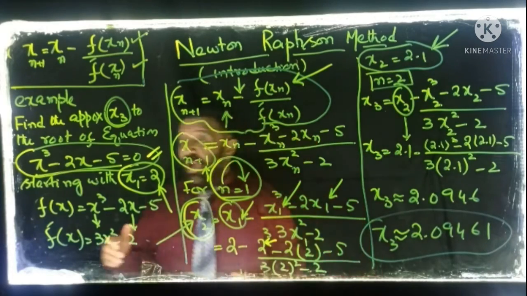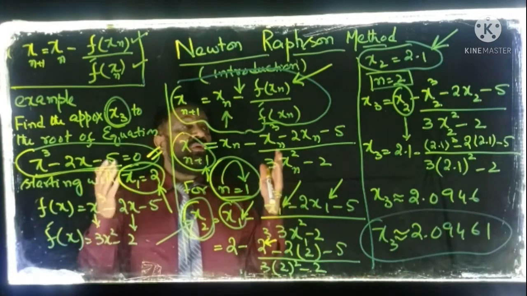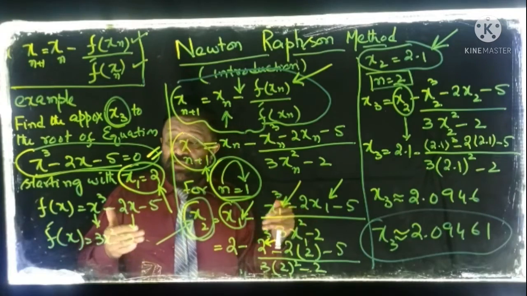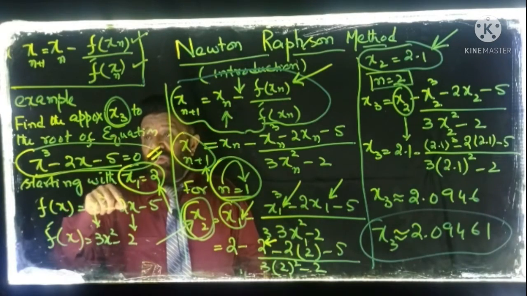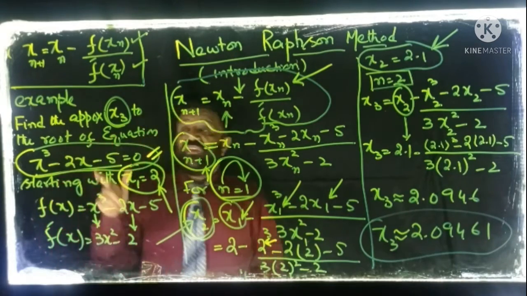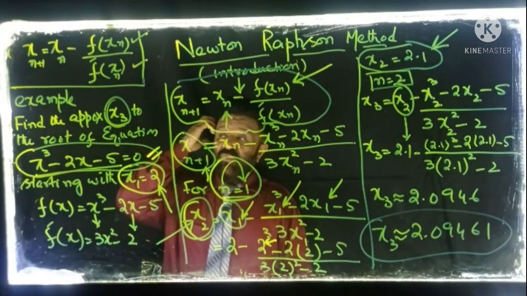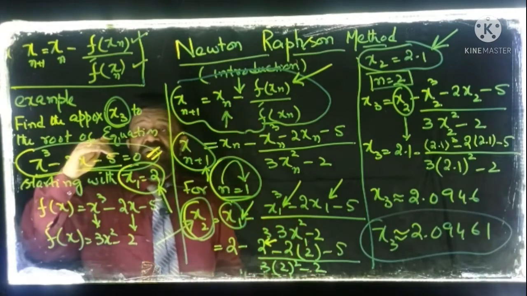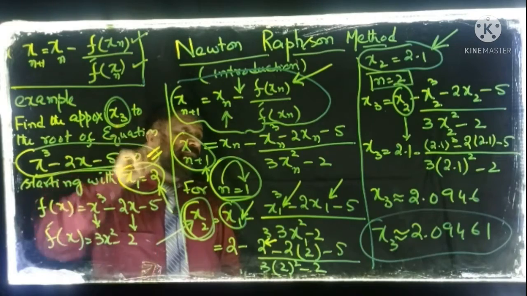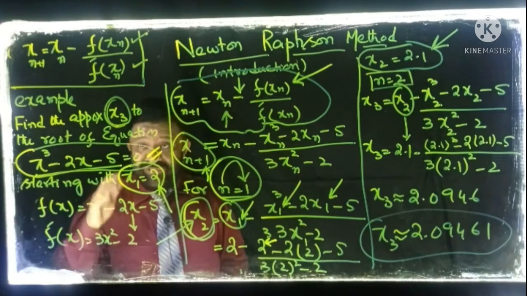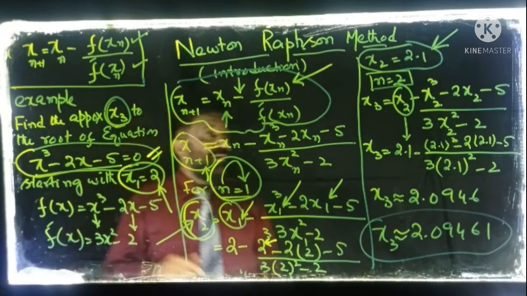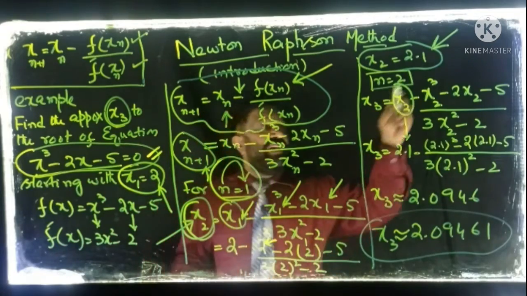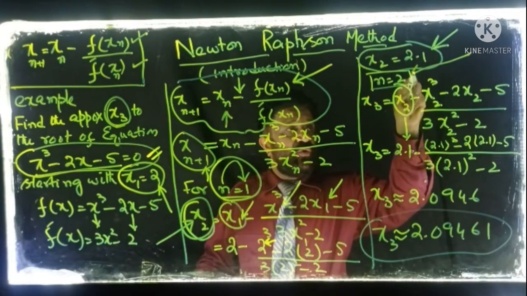Now, how do I know that I should go further? Because the question is to find the approximate value of x3, so I require x3. That's why I write n is equal to 2.